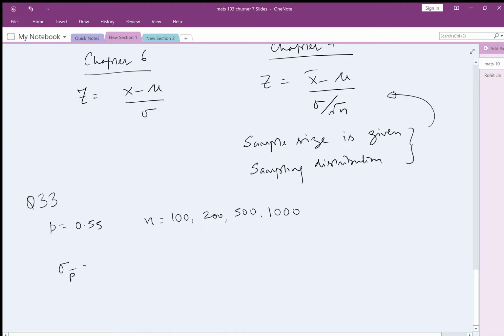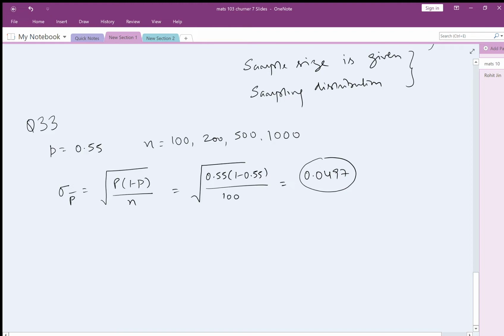So sigma p bar is equal to square root of p times 1 minus p divided by n, and p is given to us as 0.55. So this is 0.55 times 1 minus 0.55 divided by n, and in this case n is 100. So if you solve this, you get 0.0497.